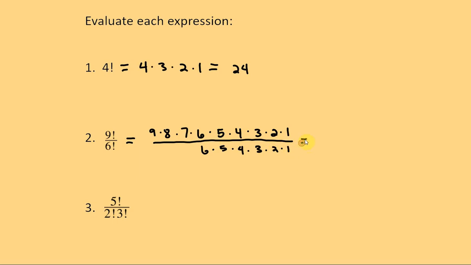And when we're dividing, we can divide out, sometimes you say cancel out, the numbers that are the same in the numerator and the denominator. So that would just leave us with 9 times 8 times 7. Or in your calculator, you could put 9 factorial divided by 6 factorial. And either way, you would get the same answer, which would be 504.